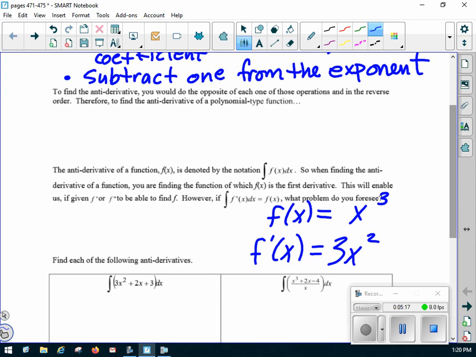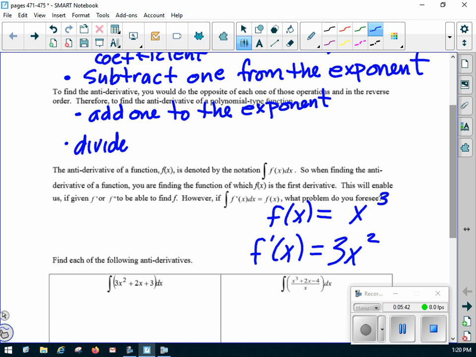Question? So is there going to be like a reverse chain rule, reverse all this stuff? No. That would suck. No. Add 1 to the exponent. Let me make sure I get my words right. I have a question.